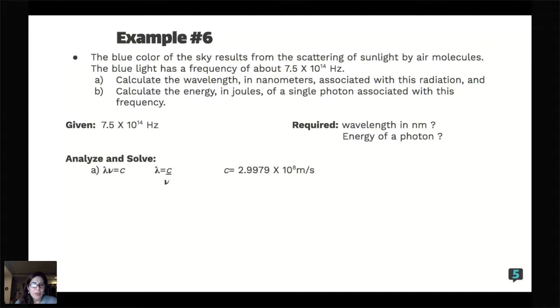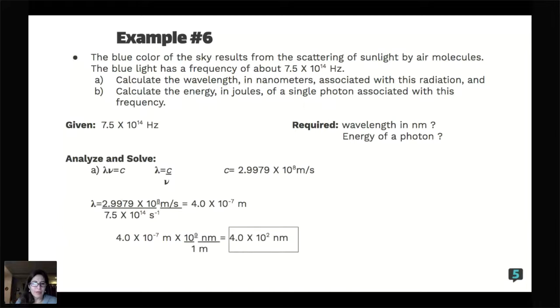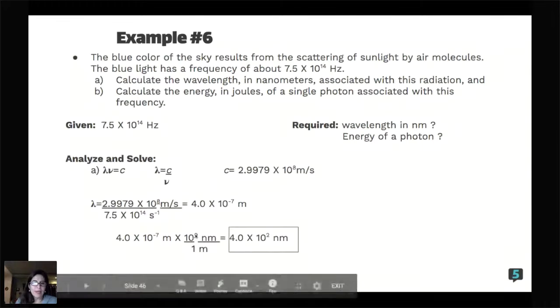And then we are going to use the formula of wavelength equals the speed of light divided by frequency. We're going to substitute the values, and we have the wavelength in meters. Then we need to change to nanometers with the factor of 10 to the power of 9. And we have now our answer in nanometers. So we are already done with number 1.